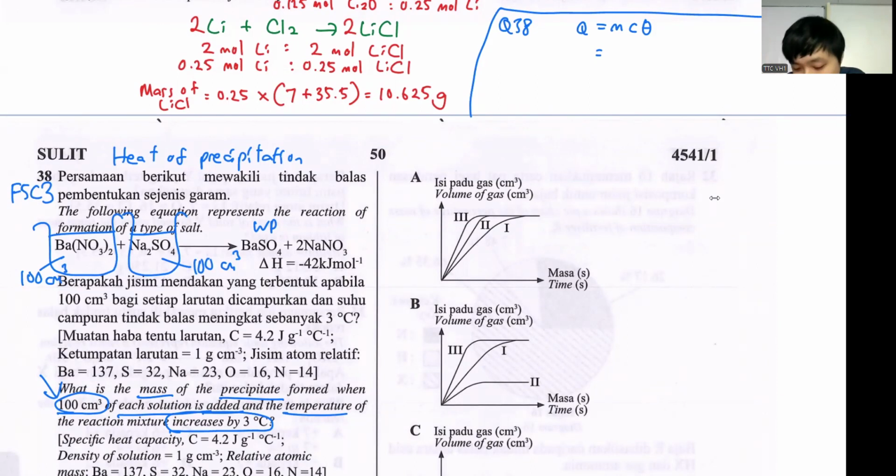Mixed together becomes 200. So your m is 100 plus 100. c is the specific heat capacity, always fixed at 4.2. Theta, 3.